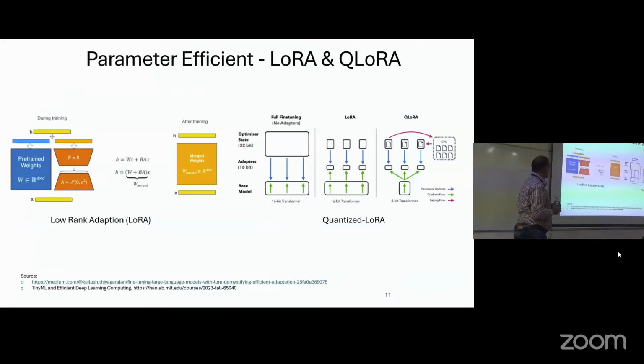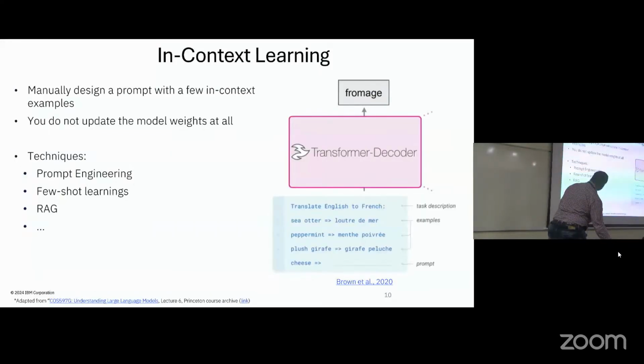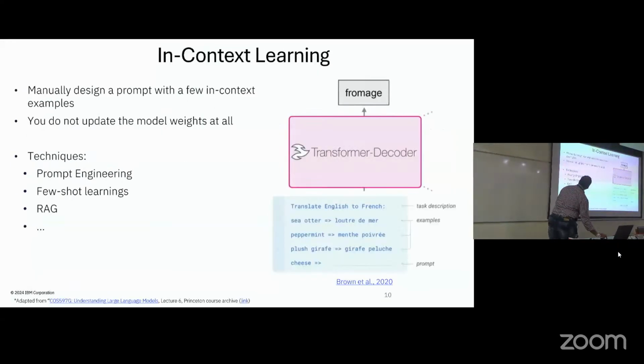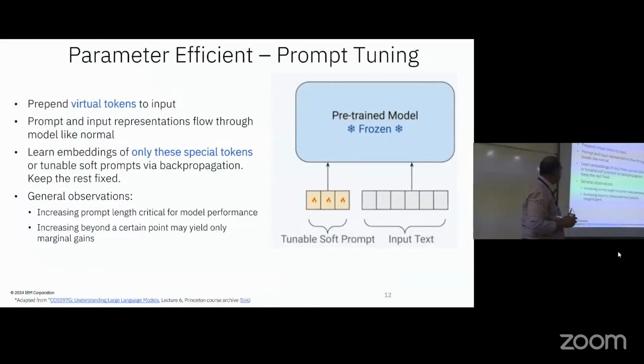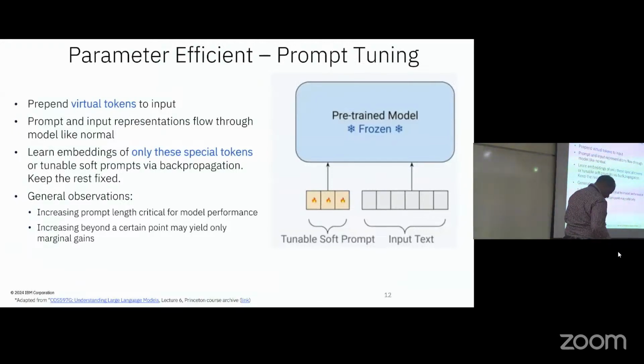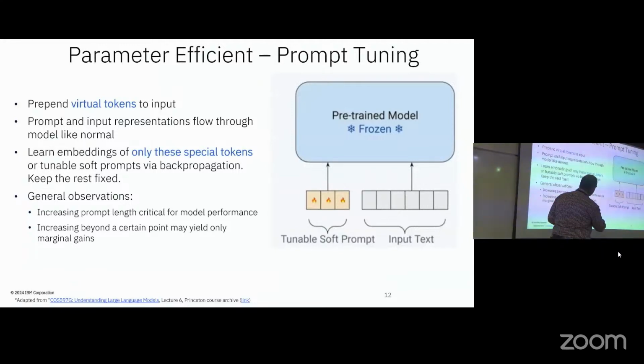Then there is prompt tuning. In the prompt tuning phase, it's similar to in context learning, but here, if you notice this part, the tunable soft prompt part. There's a set of text called soft prompts, which are attached to the input text and passed to the model, so that it generates some answer.